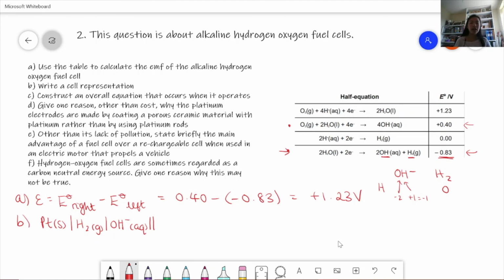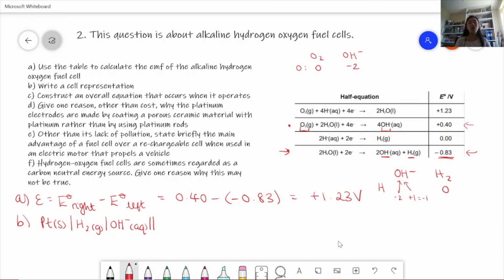So now we need to have the oxygen and the OH minus. And so again, we work out the oxidation states. So we have O2 and OH minus for oxygen. The oxidation state in O2 is 0 because it's an element, and in here it's minus 2.